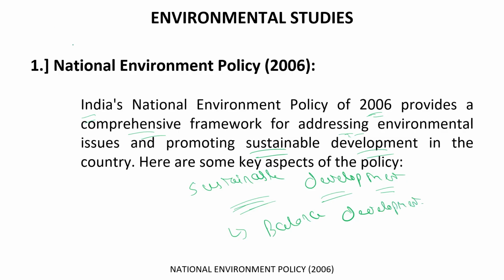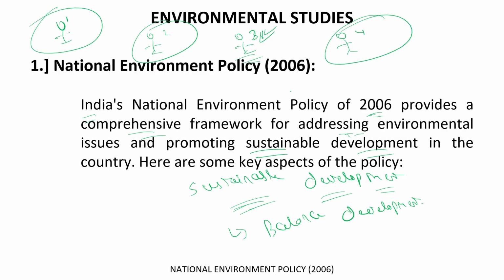So you can say if this is generation 1, this is generation 2, this is generation 3, this is generation 4. They came before us. If we look at ourselves as generation 3, they came before us, and they will come after us. We are standing now. If we look at Earth, Earth has provided us various resources like forest, water, air, minerals.